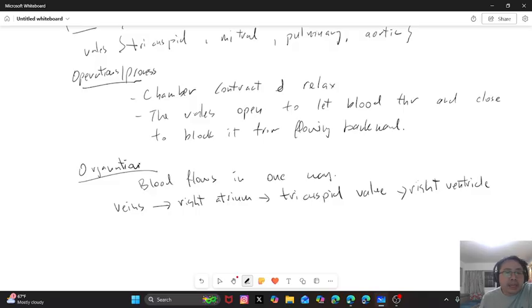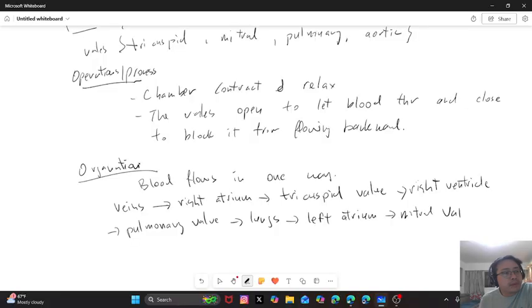Okay, and then goes to the pulmonary valve, and then it goes to the lungs and goes to the left atrium, and then goes to the mitral valve, and then to the left.